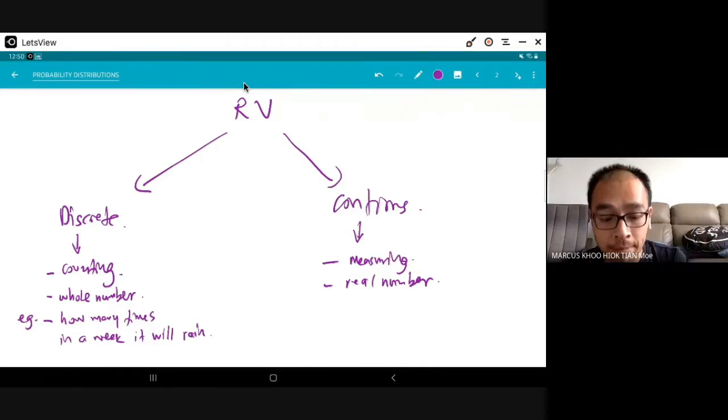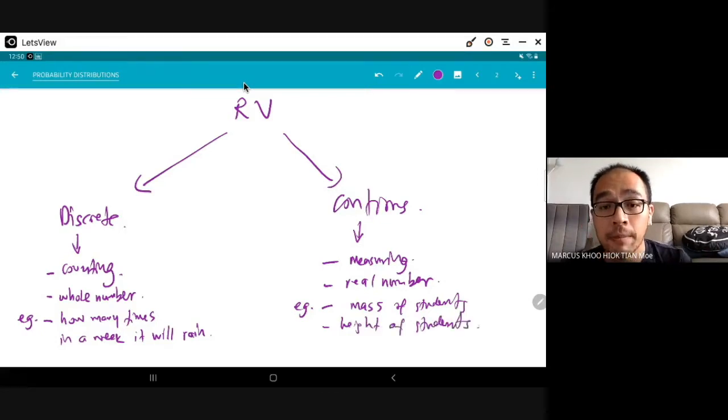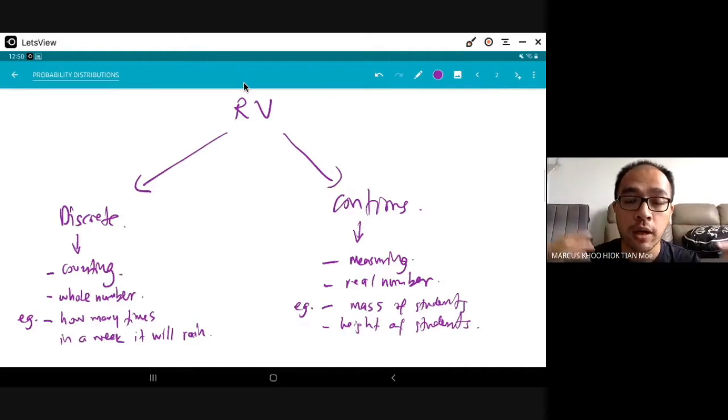Very common examples are mass of students and height of students. Height of people doesn't matter because 170.1 and 170.2 are two different values, and that's why we call them continuous random variables.